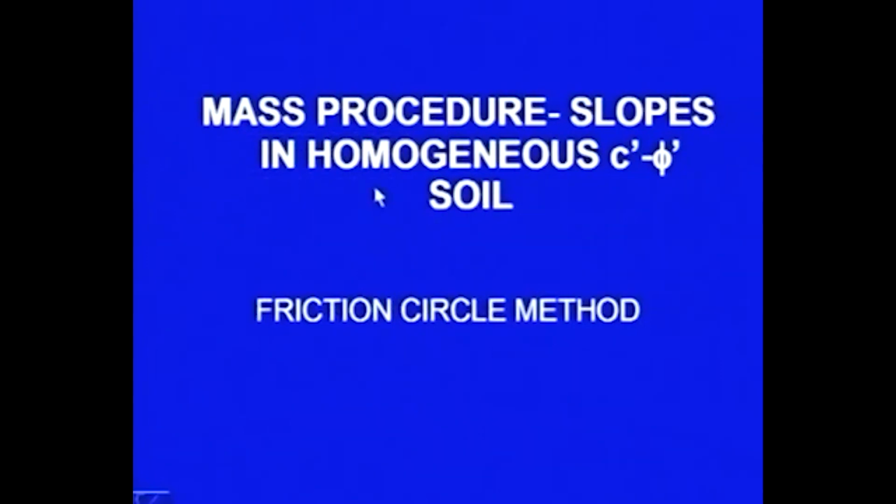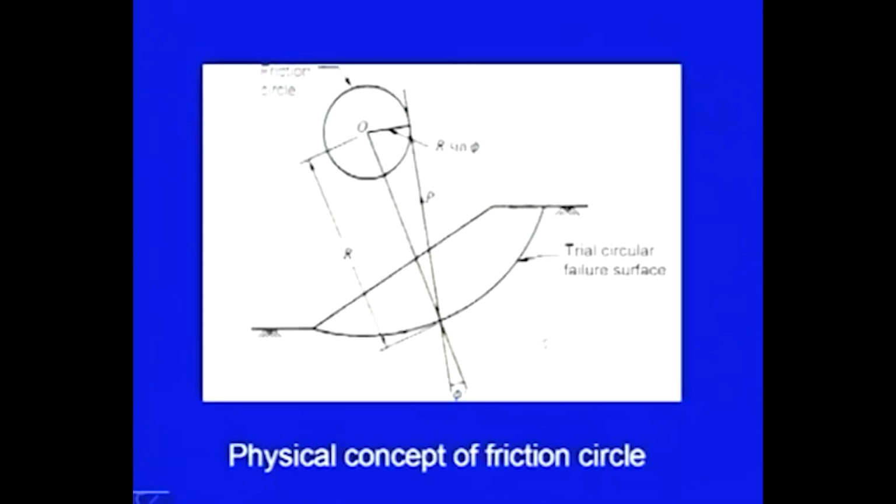So, here was the method which we were discussing: slopes in homogeneous C dash phi dash soil. We are considering the soil mass to be homogeneous, and the method we were discussing was the friction circle method. Here is a slope in C phi soil, and as usual we have taken a trial circle.